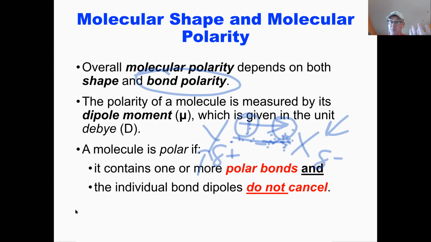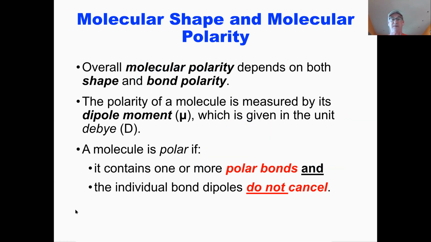But that doesn't tell us whether or not the overall molecule is polar, because if it's completely symmetrical, the individual bond dipoles cancel out. We add them all together and they basically come up to 0. Now, what is just adorable about this is that the polarity of a molecule is measured in Debyes.